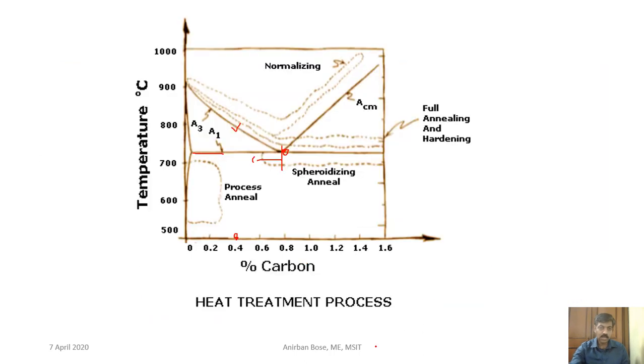You have to go to the iron carbon diagram. In the iron carbon diagram, corresponding to the carbon percentage of that steel, you have to see what is the value of A3. If you find that your A3 is this temperature, simply add 30 degrees centigrade to it. So that will be the temperature that you have to reach before annealing. Then from that temperature, basically you have to do the furnace cooling or the annealing process.